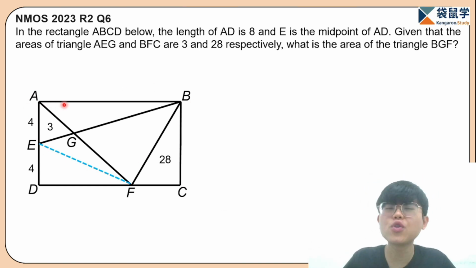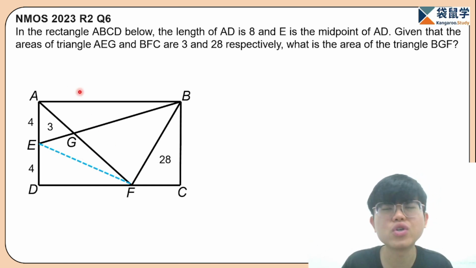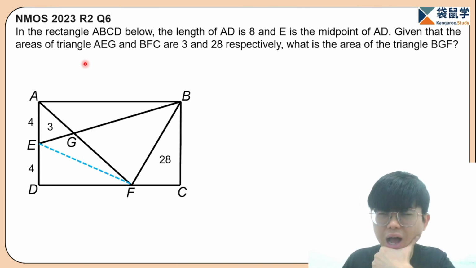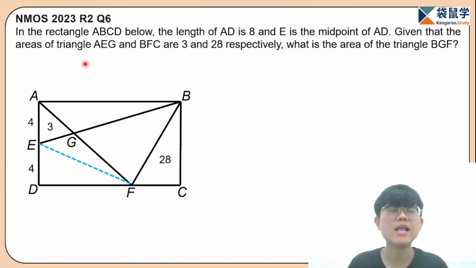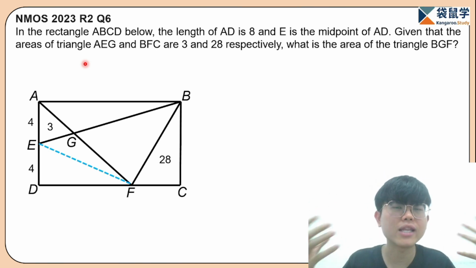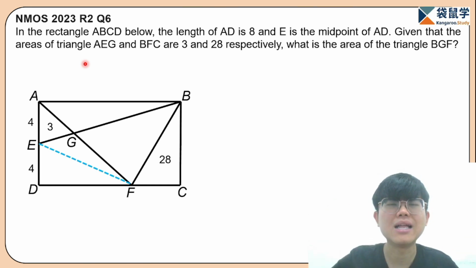But although we get this butterfly model, we do not have any information for the other 3 triangles. We still have to find them out, but we are not able to calculate any area for these triangles. So everyone, if there is any value that you want but cannot directly calculate, what we can try to do is set a letter.